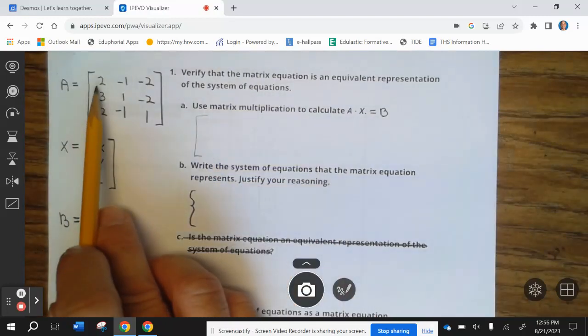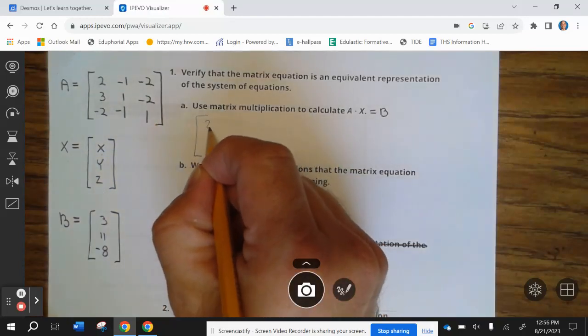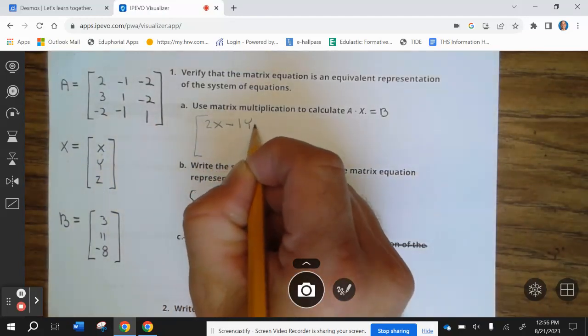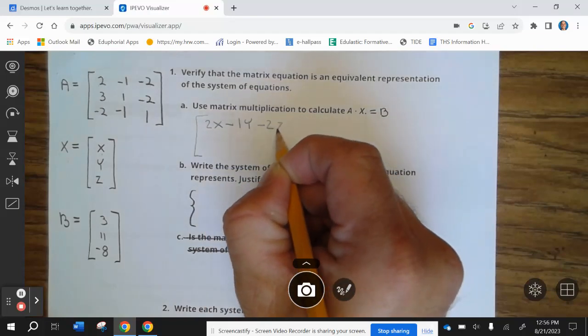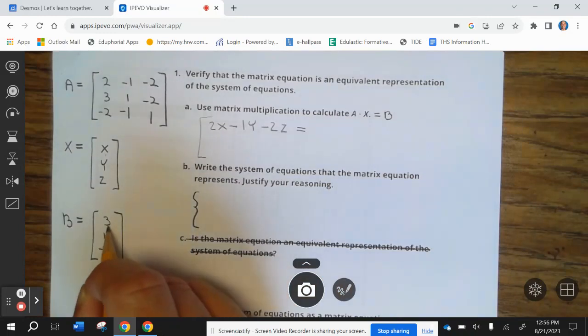we're going to multiply. Now, when you multiply A by X, you multiply this by these. So that becomes 2x minus 1y minus 2z, and that's going to equal this value, so 3.